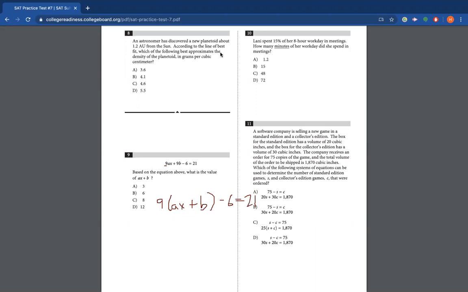Add 6 to this side, we get 27. Divide 9 on both sides, we get ax plus b equals 3. So our answer is A. Okay? Got that?